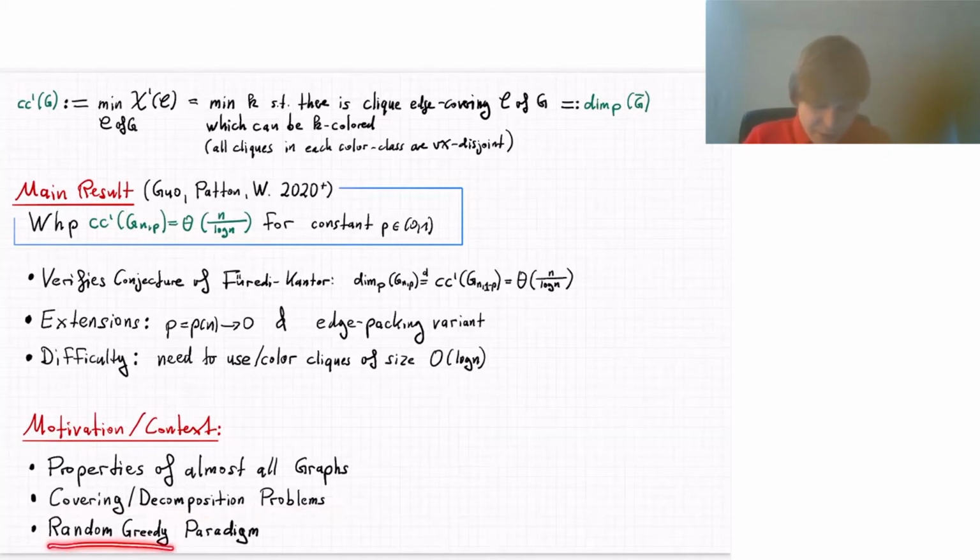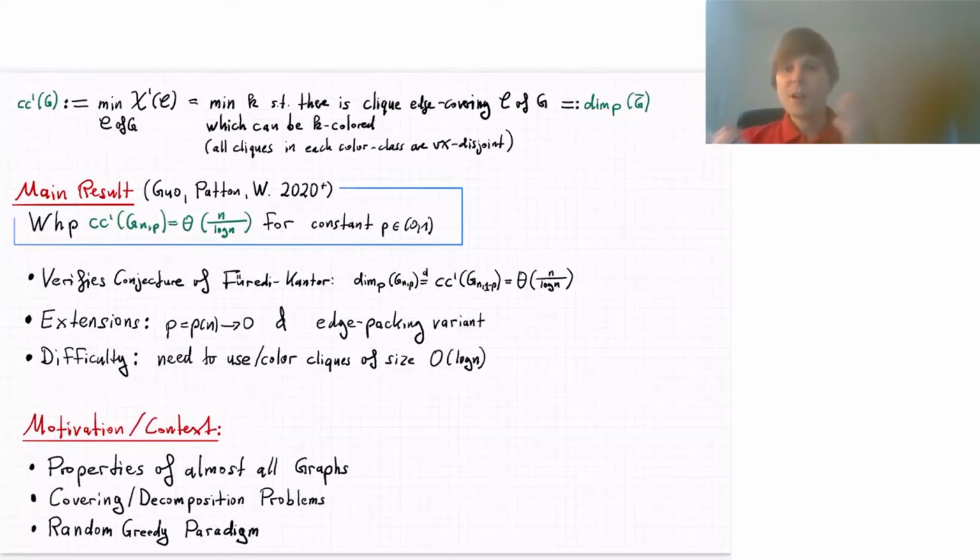And finally, one thing that I like in particular about this problem is that, as we'll see, it can be solved using some random greedy paradigm. Basically, we want to construct certain things in some random greedy way. And the nice thing that happens here is that we are going to use both of the major themes in this area. One is where you construct your objects step by step.